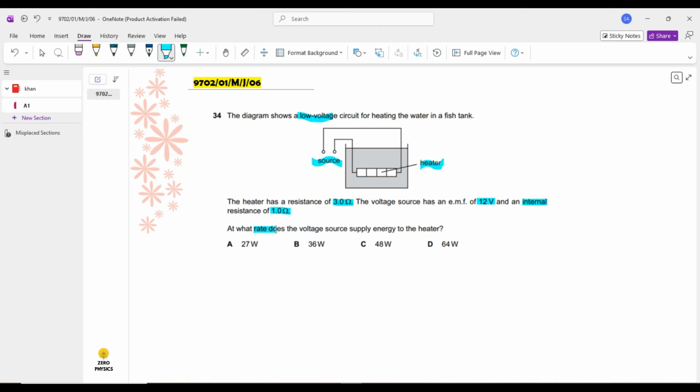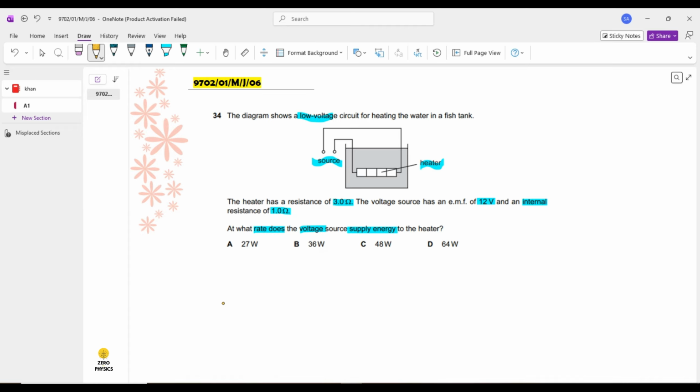At what rate does the voltage source supply energy to the heater? In this specific case, he is not demanding us to find the voltage, but he wants power, because the units are in watts. Let me tell you how to understand that we need to find the power.